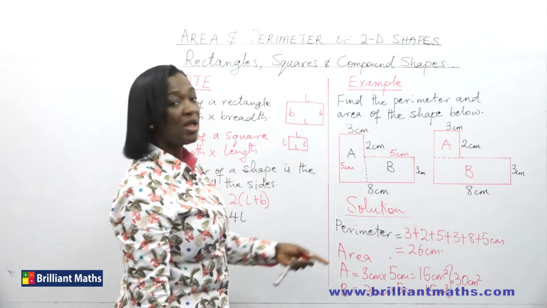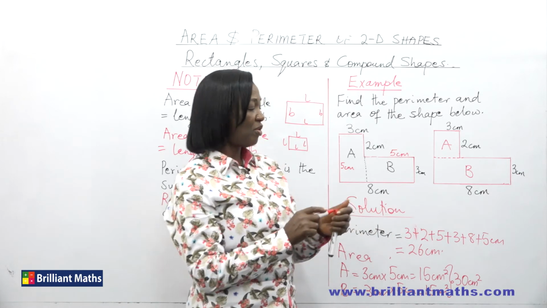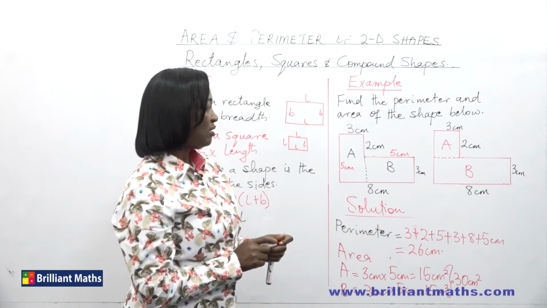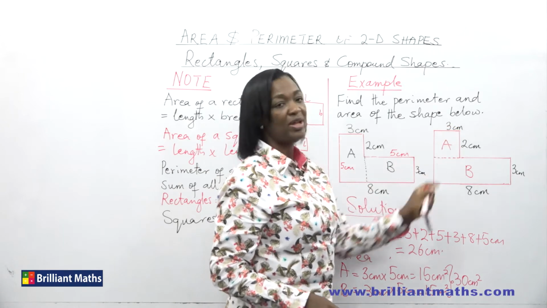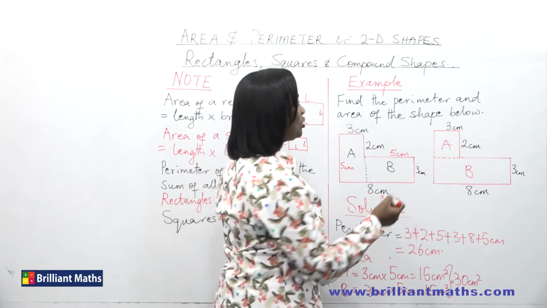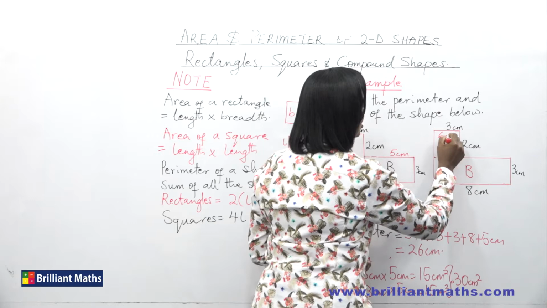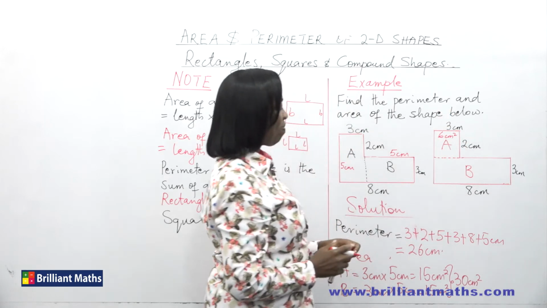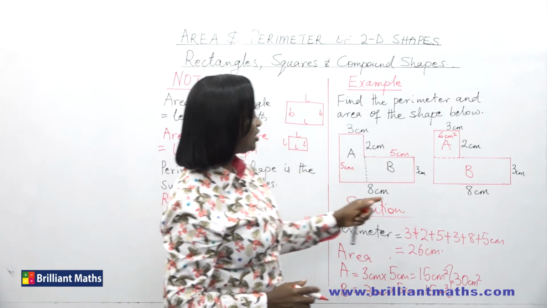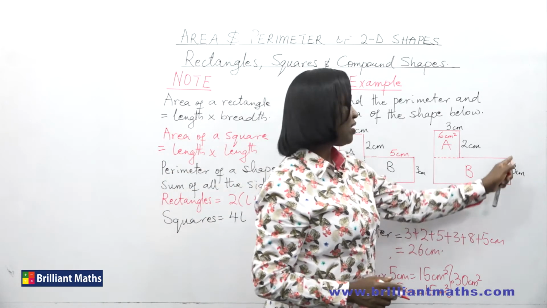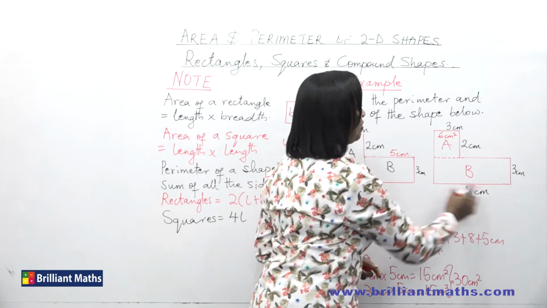All right? Let's look at it in the other one. The rectangle A measures 3 centimeters by 2 centimeters. 3 times 2 is 6 centimeters squared. Rectangle B measures 8 centimeters by 3 centimeters, as we can see.